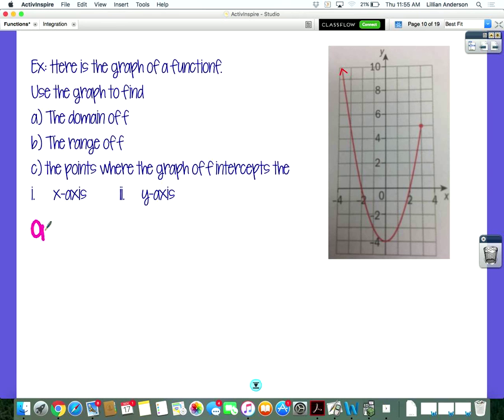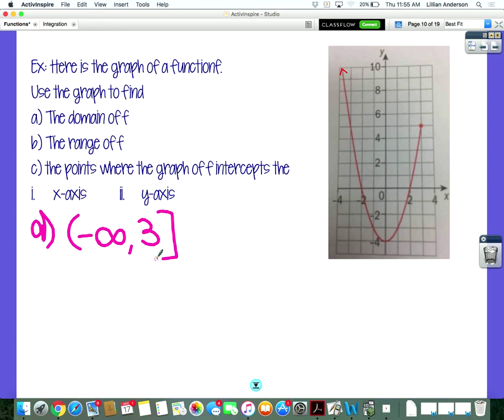So, if you wanted to write this in interval notation, which I saw a lot of you guys do, if you're trying to go from negative infinity to positive 3, what's going to be around the negative infinity? And around the 3? Bracket. Because it is a closed circle, meaning that it's defined at 3. 3 is a part of this.